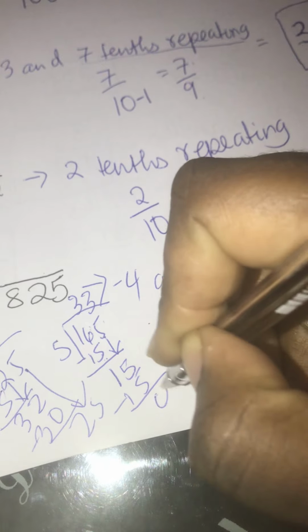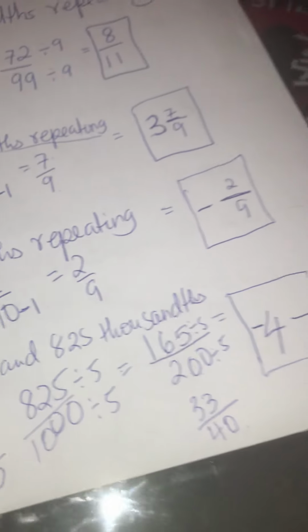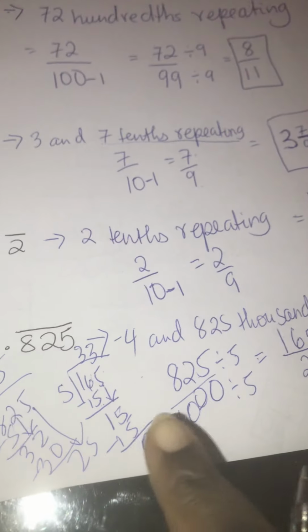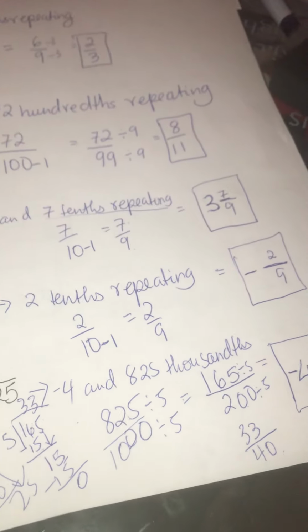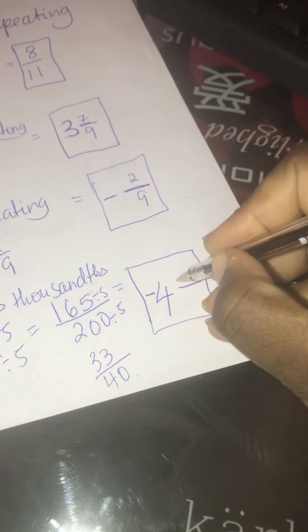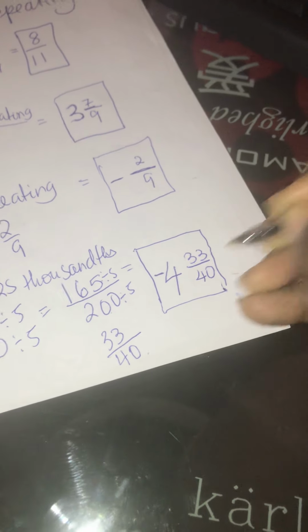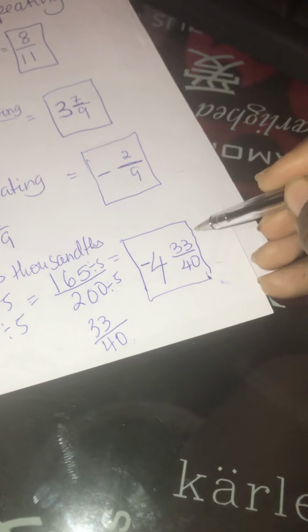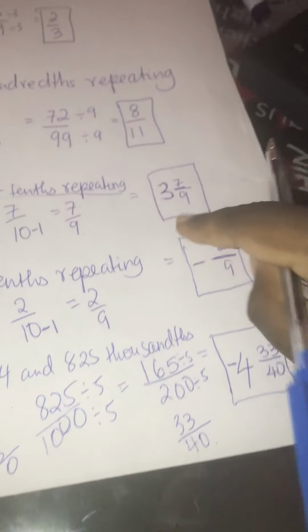Again. See? That's how I know. 33 out of 40. You don't need a calculator. Stop being lazy. Learn how to do long division. You make your brain work faster and better. So 33 over 40. There's no common factor between 33 and 40. So yep, this is your answer.